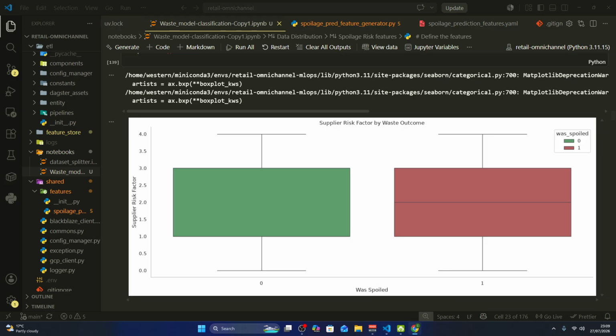If you don't have a median, what does it mean if you don't have a median in a box plot?